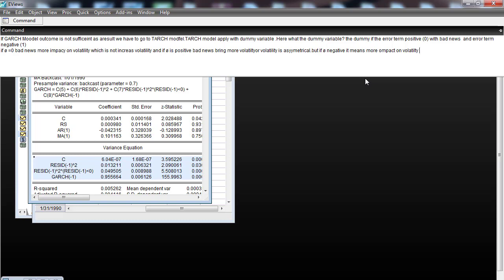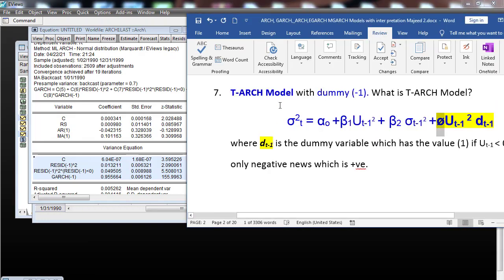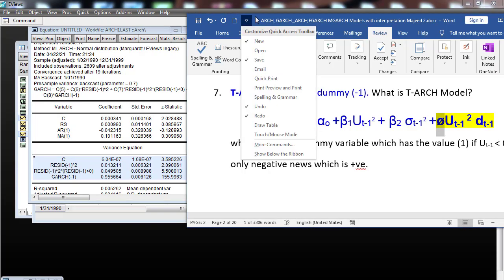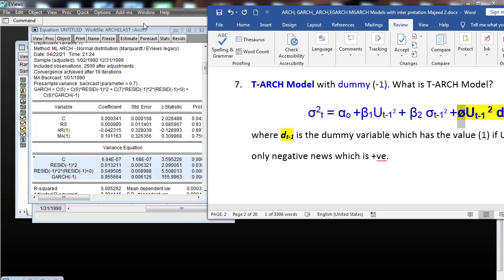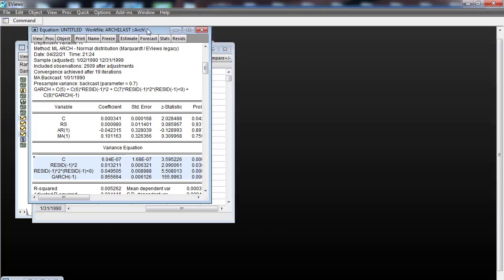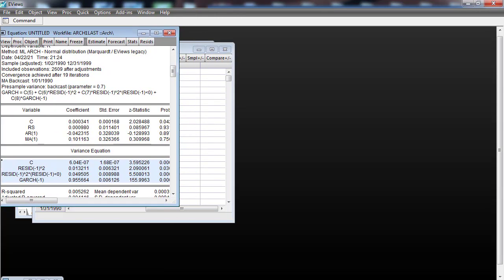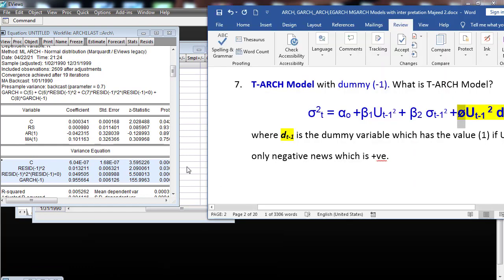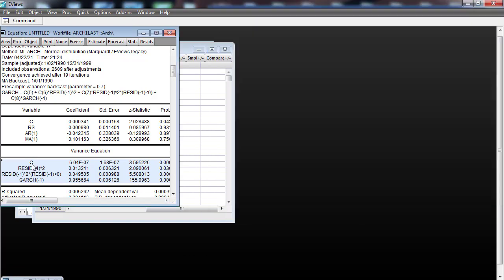So now we run the model, we got the data. I just want to explain the data here and the outcome. This is the equation and this is the outcome. In the outcome you can see the constant is statistically significant.